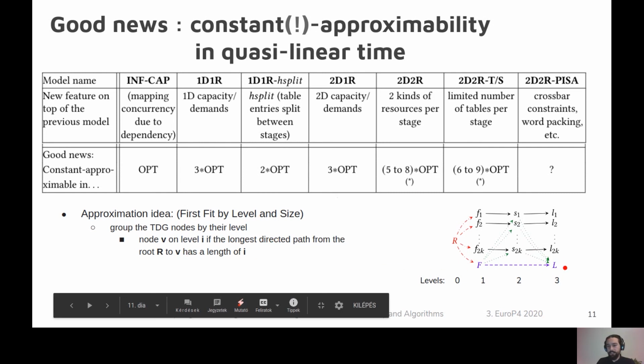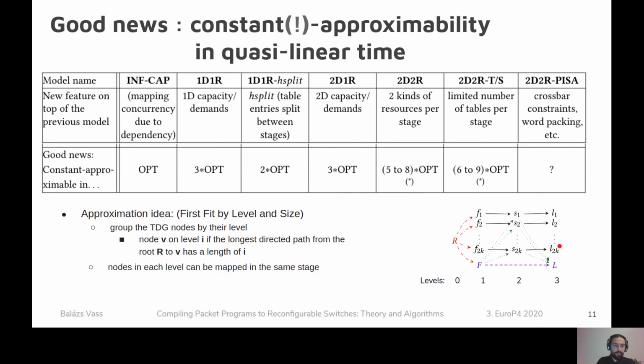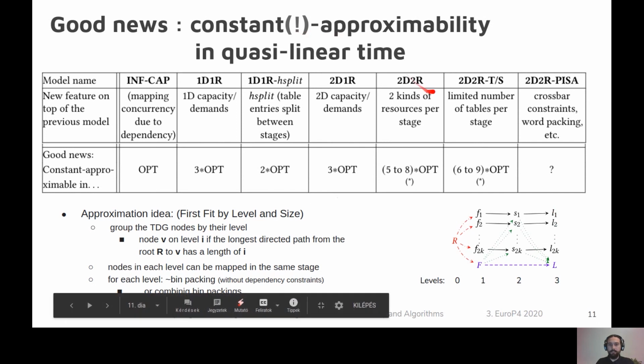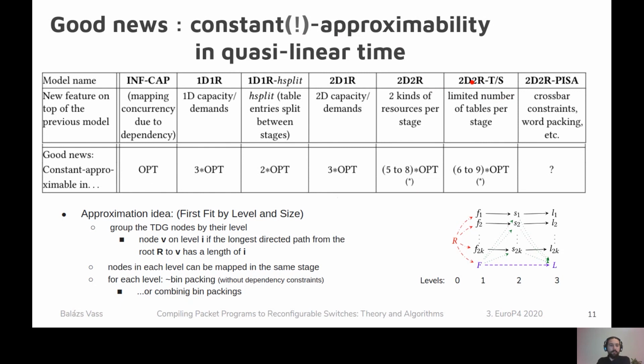For example, L is here on level 3, and it would be on level 3 also if there were a direct link from R to L, because the longest path from R to L has a length of 3. What these levels tell us is that the nodes in each level, the tables in each level, can be mapped into the same stage. So for each level, we can apply some kind of bin packing heuristics, or when we have multiple resources available, then we have to use combined bin packing. That's why we have higher approximation constants here.